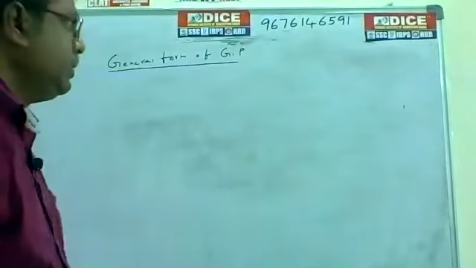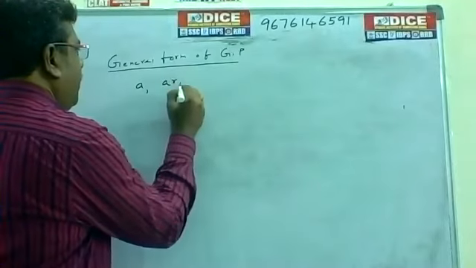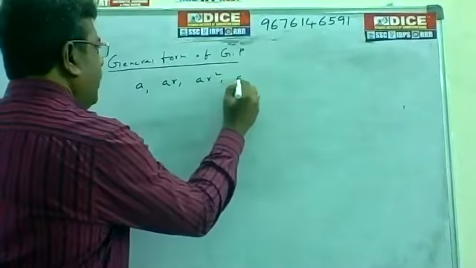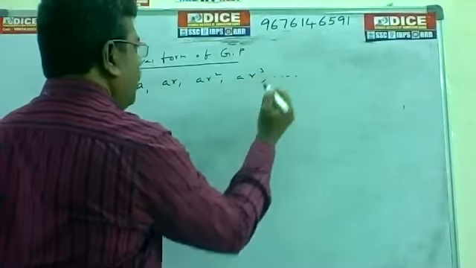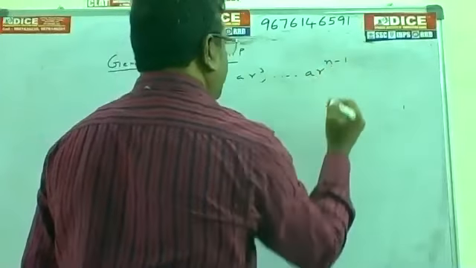So the general form is A, AR, AR square, AR cube and so on, A into R to the power of n minus 1.